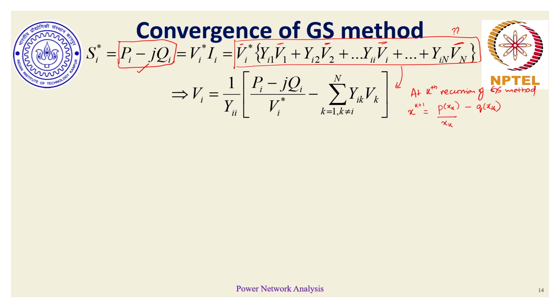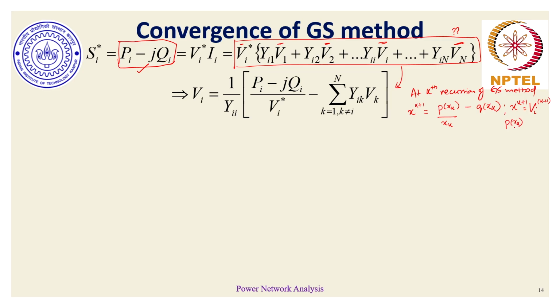What are x_{k+1} and x_k? x_{k+1} is identical to V_i^{k+1}, the (k+1)th recursive update of voltage phasor i.